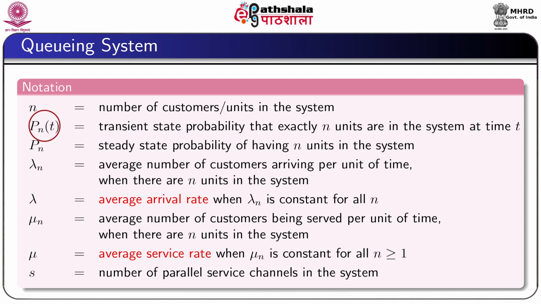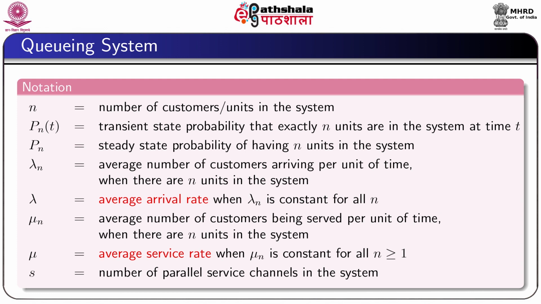P_n(t) as the transient state probability that exactly n units are in the system at time t. P_n is the steady state probability of having n units in the system. Lambda_n as the average number of customers arriving per unit of time when there are n units in the system.